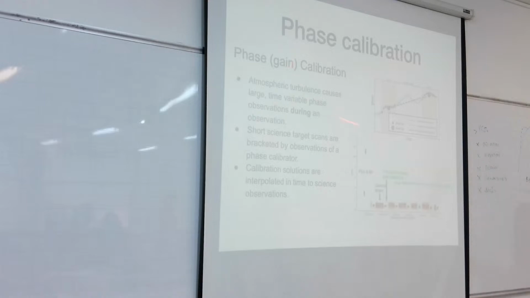Self-calibration means that you try to measure the phase from the science target itself. So you can only do this if the science target is very bright. And it's something that you have to be careful with, because if you do it in the wrong way, you can completely mess up your image and create artifacts.